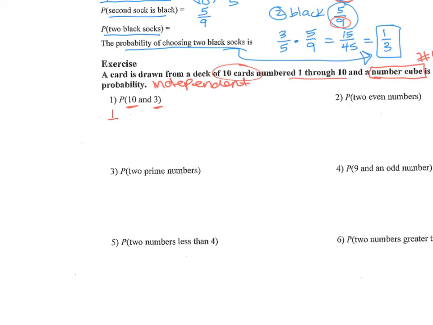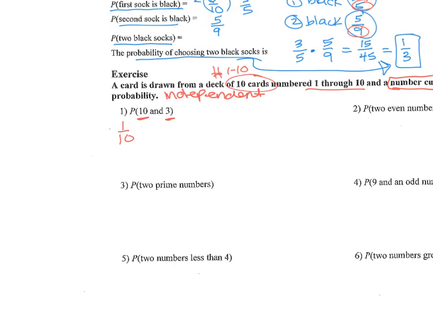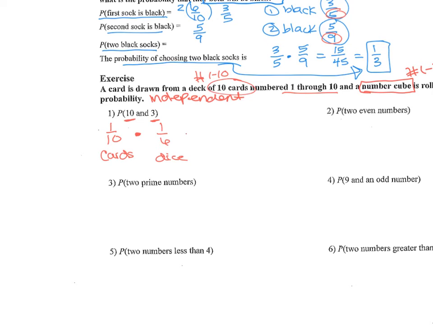And you're looking at the chance that you'll roll a 3, so 1 out of 6. So we've got the probability for your cards, pulling a 10, and the probability of rolling a 3 on your die. Then multiply those 2 together.